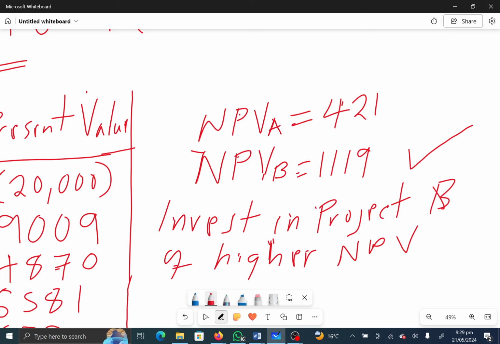Okay, so thank you. This is how to calculate the NPV.